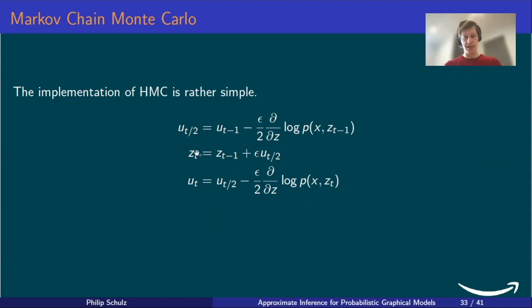Then we're going to update Z by one full step, and then we're going to do another half step of U. So instead of updating all variables jointly, as we did with variational inference, we're actually updating them one after the other. But instead of taking full updates for U, we're just going to take half updates for U at each point. And that has to do with the convergence of the simulation of the Hamiltonian dynamics.